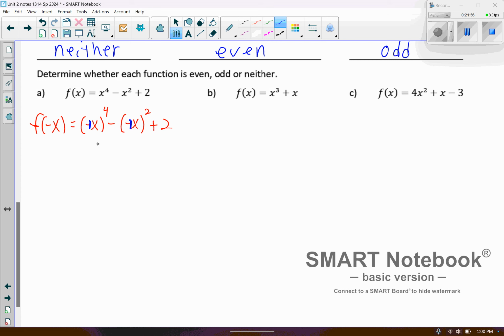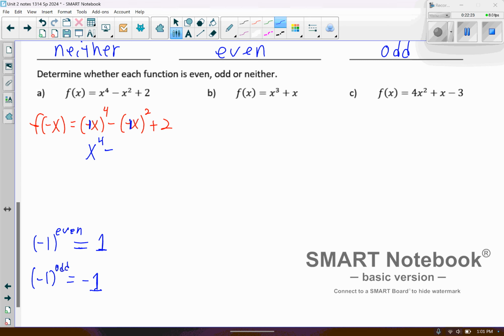Just a quick note: negative 1 raised to any even power always comes back as a positive 1, and negative 1 raised to any odd power always comes back as a negative 1. So this negative 1 to the power of 4 comes back as positive 1, and I'm just left with x to the power of 4.